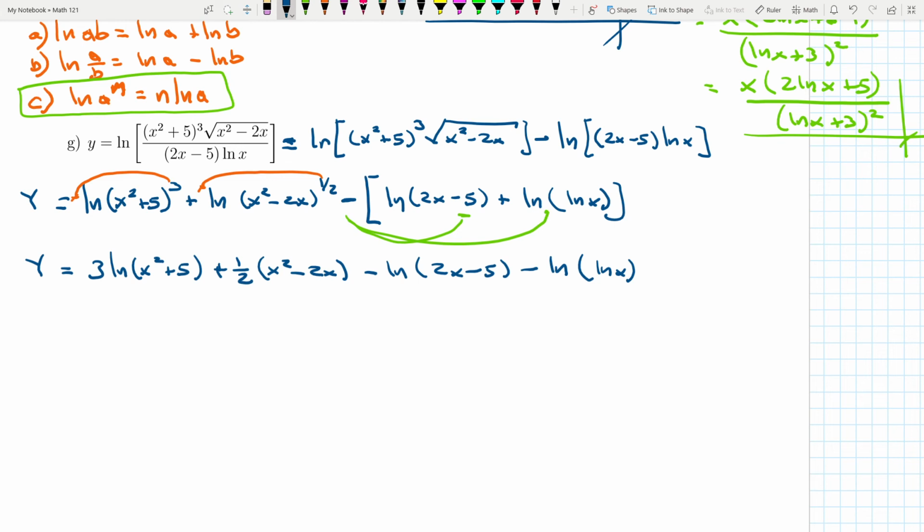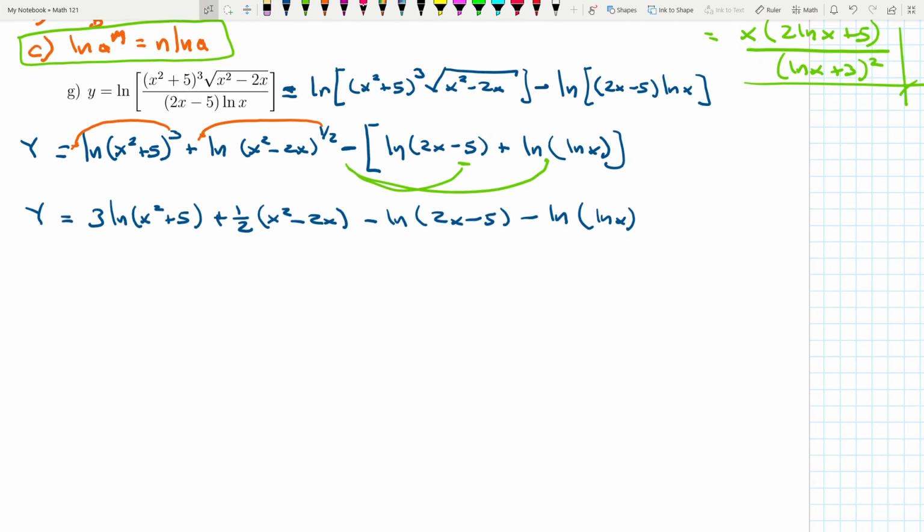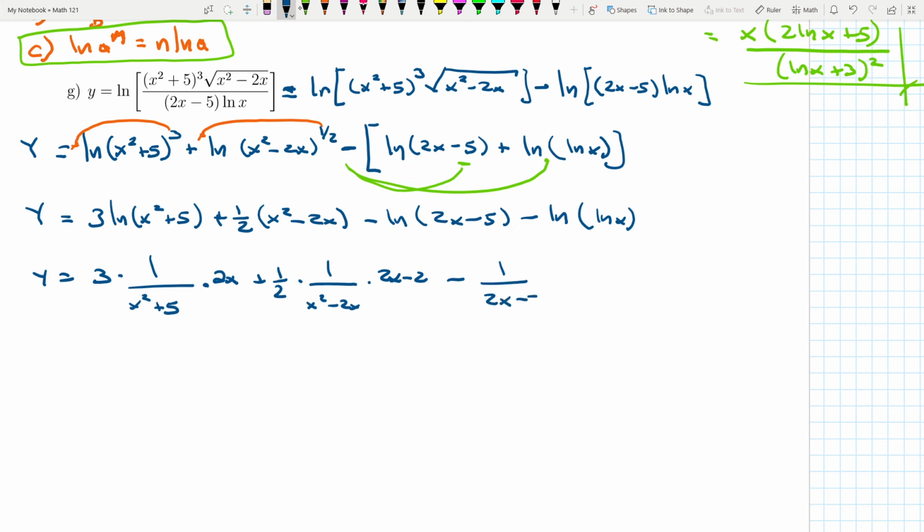So now that we did a few derivatives using the chain rule, I will just go ahead and go like y equals 3 times 1 over (x squared plus 5), times the derivative of x squared plus 5, which is 2x, plus 1/2 times 1 over (x squared minus 2x) times the derivative of x squared minus 2x, which is 2x minus 2, minus the derivative of ln of 2x minus 5, that's 1 over (2x minus 5) times the derivative of 2x minus 5, which is 2.